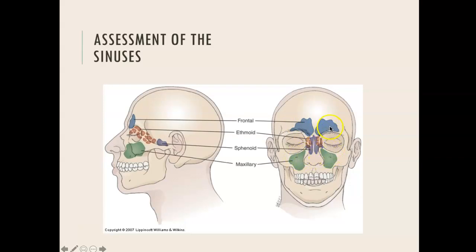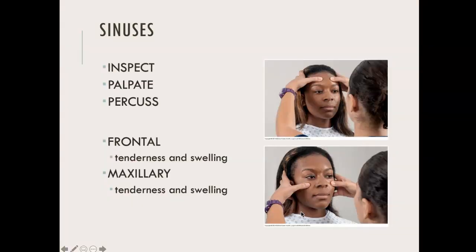Typically, the main sinuses that give people difficulty if they're having a lot of pain or fullness are going to be your frontal sinuses or the maxillary sinuses, and sometimes the sphenoid sinuses. You would, again, inspect initially, and then you'd palpate those sinuses and possibly percuss.